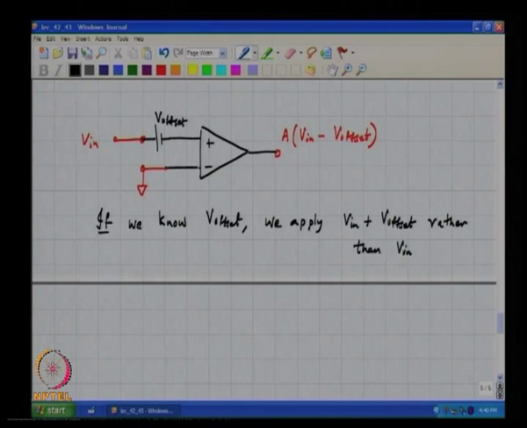Isn't it? So now the question is, how do we get to know what V offset is? Any suggestions? In principle, what will we do?